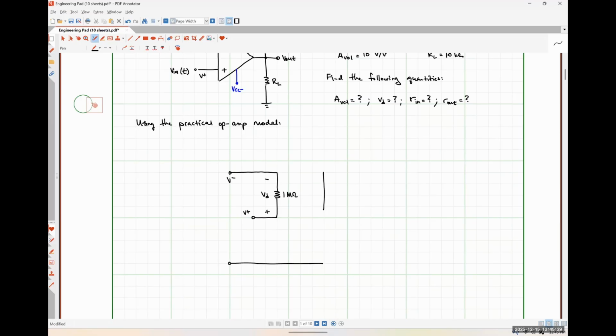I'm going to leave the output side of the op-amp model the same. So here's my dependent voltage source. I've got a voltage gain of 10 to the 5. So I'm just going to write 10 to the 5 times my differential voltage here.